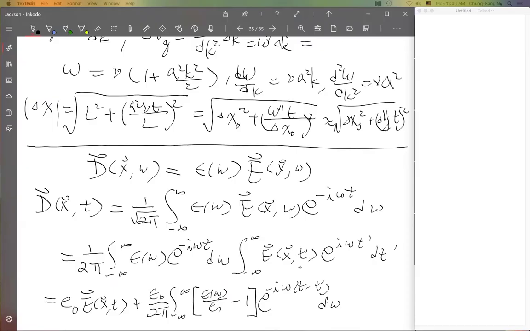There's a t prime here, so I should put another integration over t prime. So run out of space here. So another t prime integration, but then you have the E(x, t prime) dt prime. Okay, so t prime is the outer integration, including E in here. But this part doesn't, it depends on omega. So the inner integral, that only in the omega integration, is just this part.